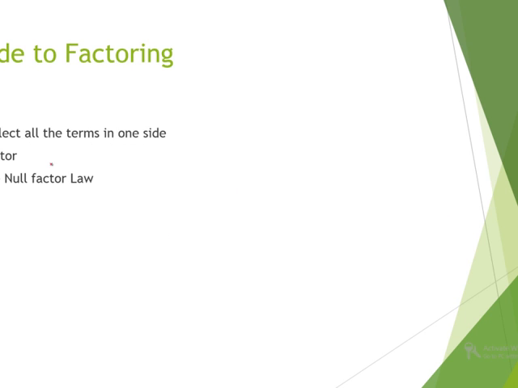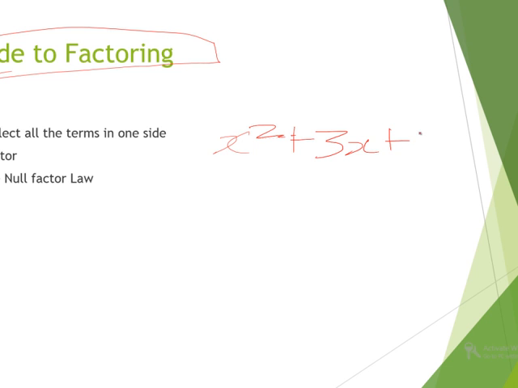So, to get into details, a guide to factoring a quadratic equation. We need to collect all the terms to one side, as I said. For example, if we have x squared plus 3x plus 0 is equal to 2.